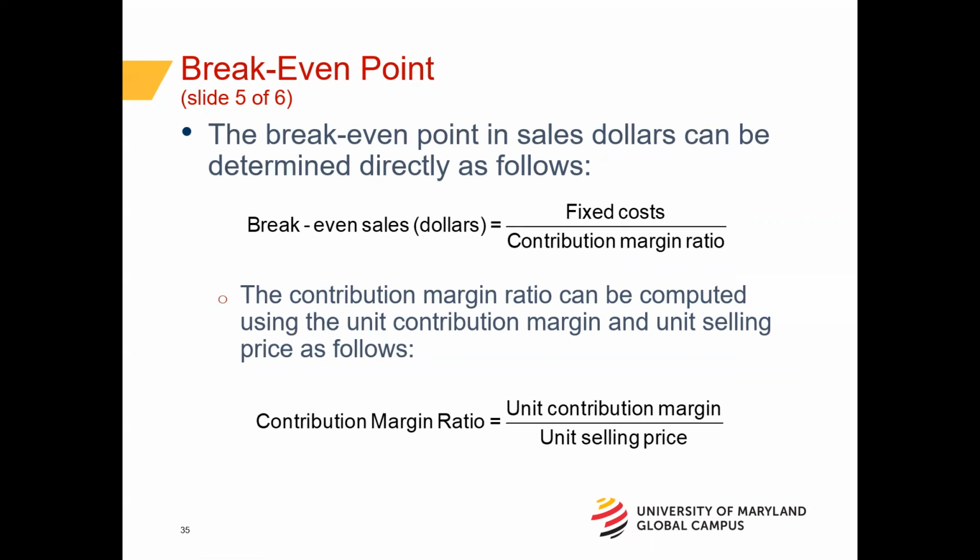To find this, we take our fixed costs divided by the contribution margin ratio. Oh, there's that term again. Contribution margin ratio is calculated by taking the unit contribution margin divided by the unit sales price.